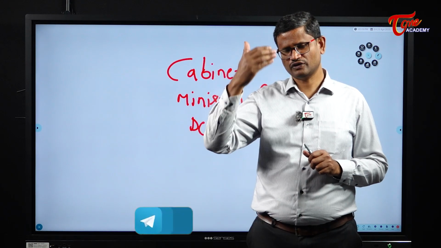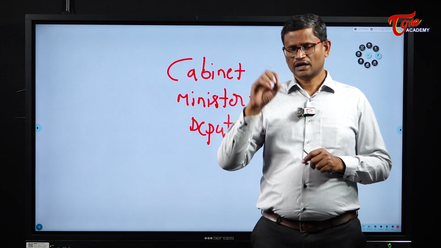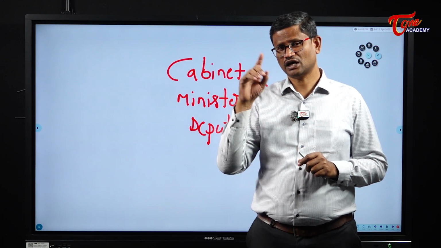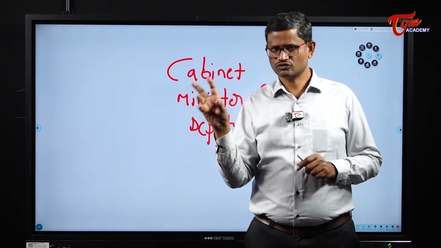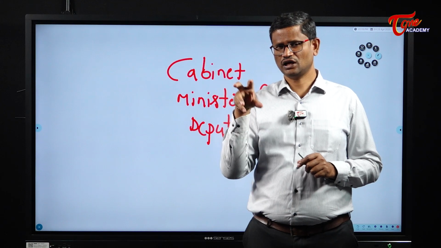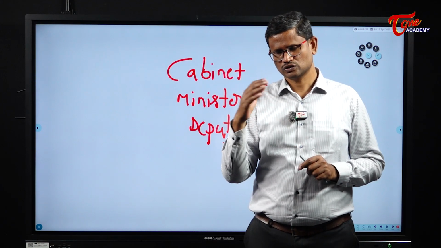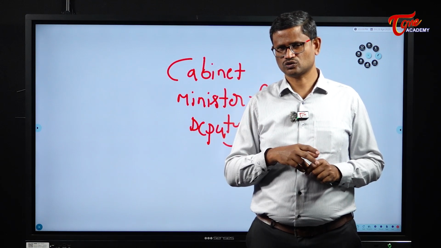So I told you when I discussed with you the emergency provisions of the Indian Constitution, national emergency can be declared by the Indian President on the written advice of the Cabinet headed by Prime Minister. So this word Cabinet was inserted in the Indian Constitution in 1978 through the 44th Amendment. So before 1978, we did not have the word Cabinet in the Constitution of India.